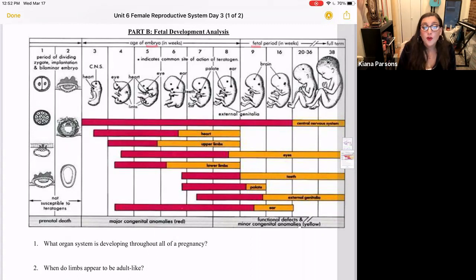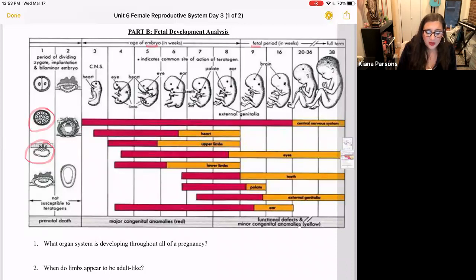So this is before it becomes an embryo. And you can see here we have the implantation of the blastocyst. This is the stage between the 8-cell dividing morula and the blastocyst. And this is now after it has implanted, becoming the embryo stage.